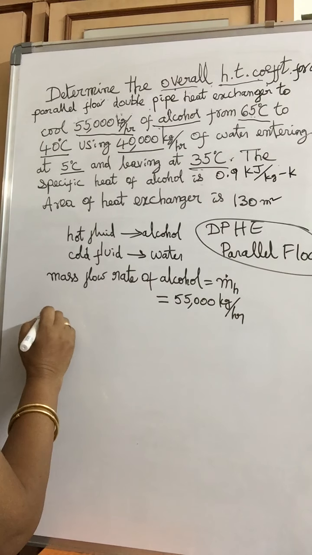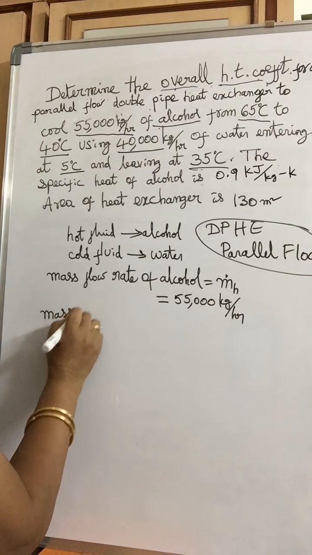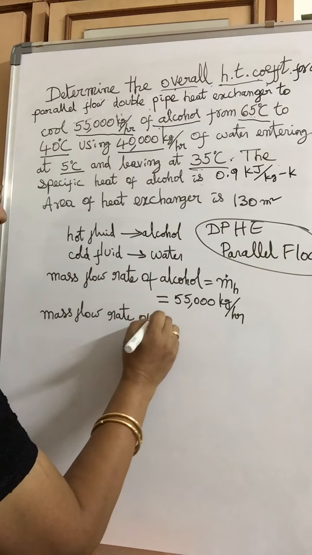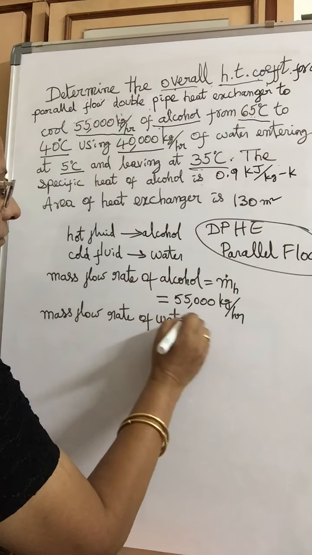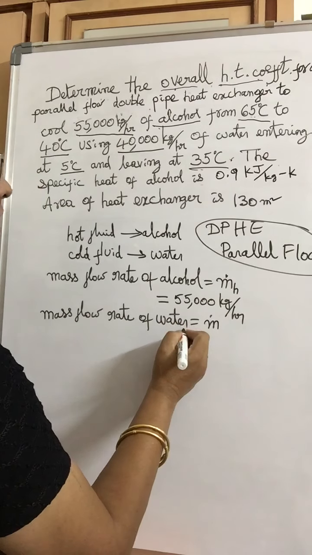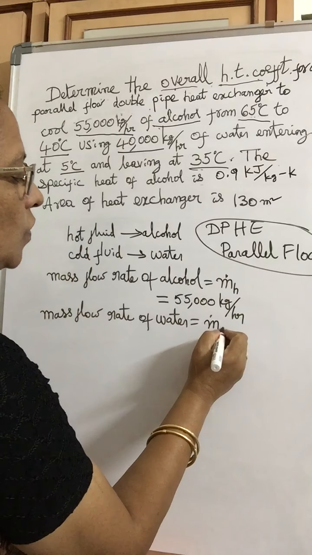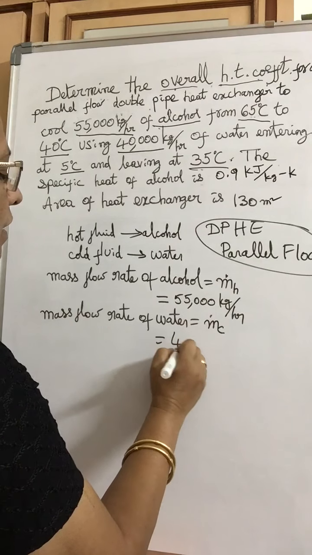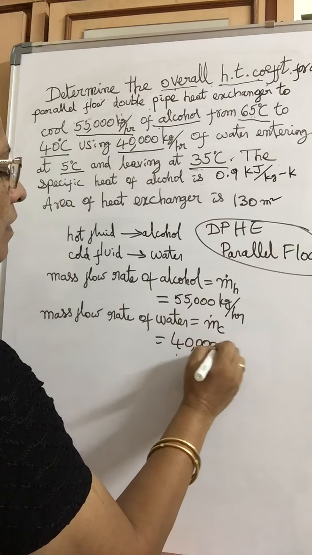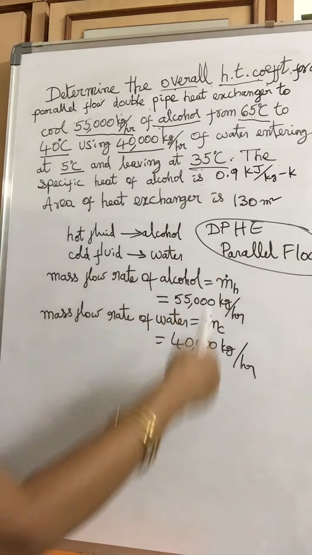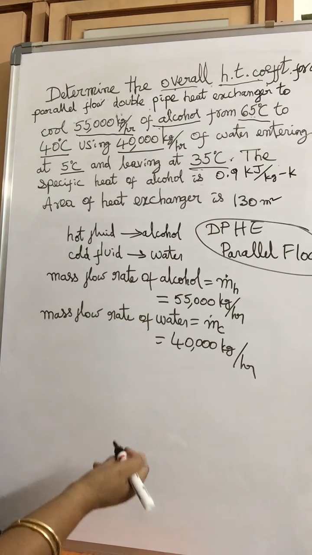Next, mass flow rate of water is also given. Mass flow rate is m dot, water is the cold fluid, so we represent it by C: m dot c is 40,000 kg per hour. So this is the information regarding flow rates of hot and cold fluids.